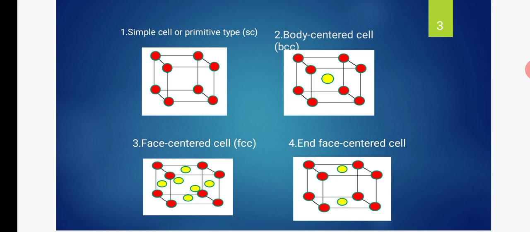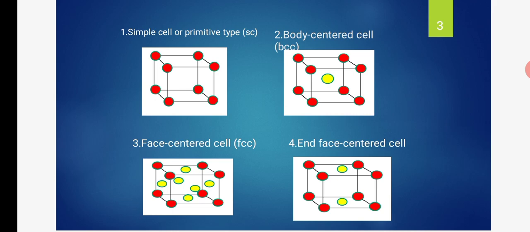Here eight corners are occupied, and one full atom, the yellow sphere you can see, is fully occupied at the center of the cell. You can see third type, face centered cubic lattice or cell. Here eight corners are occupied by red molecules, and the yellow ones we can see at the top, bottom, and sides. At the center of each of the six faces a molecule is situated.